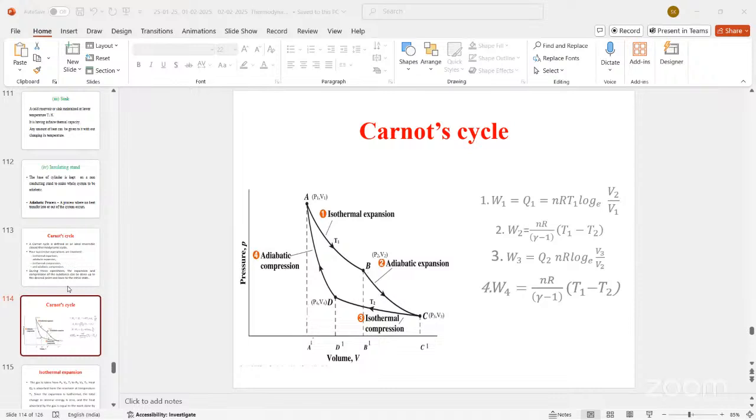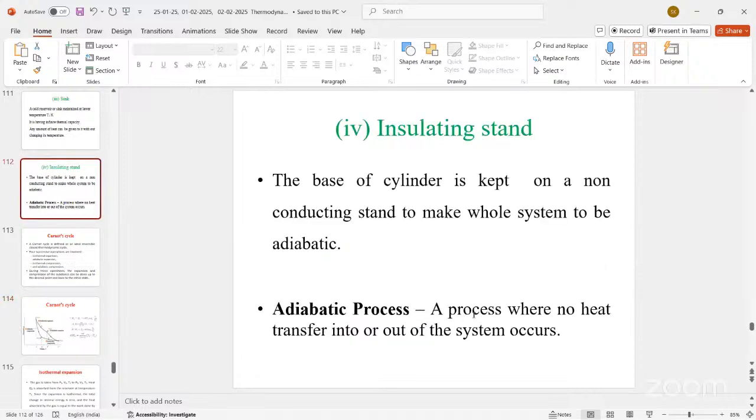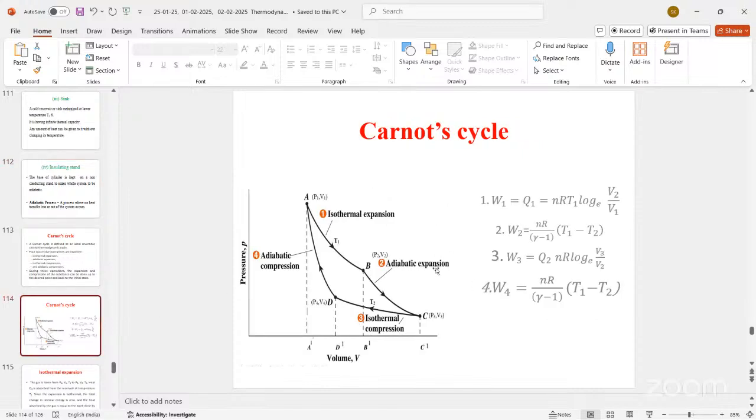So what is the adiabatic process here? ఇక్కడ చూడండి, what is adiabatic process అంటే ఏంటి? A process where no heat transfers into or out of the system కదా. So here adiabatic expansion of the gas from P2 V2 T1 only. ఇక్కడ నుంచే వస్తుంది కదా. P2 V2 T1 to P3 V3 ఇక్కడ ఏమొస్తుంది? T2. యా, ఇక్కడ వచ్చేసి ఏమొస్తుందమ్మా?